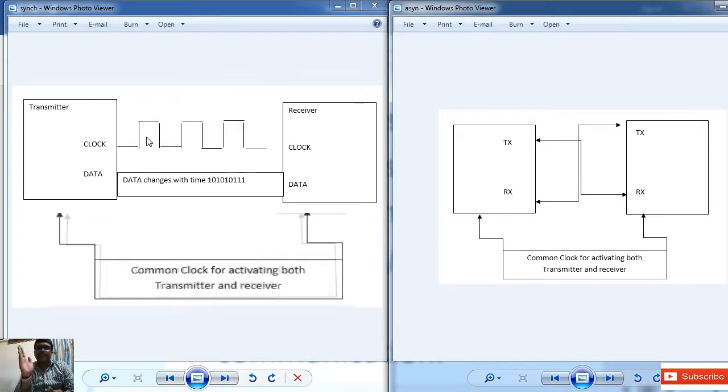In asynchronous communication, there is no clock for transferring the data, but for activating both transmitter and receiver we have a common clock, for example 12 megahertz.